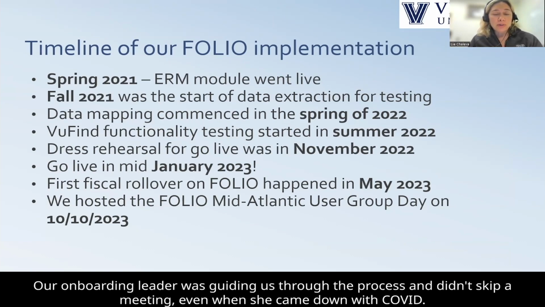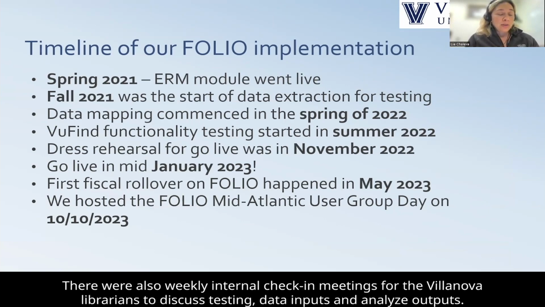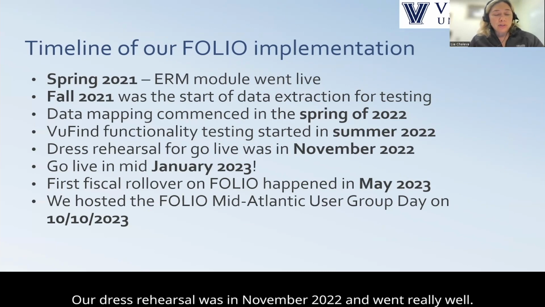Our onboarding leader was guiding us through the process and didn't skip a meeting, even when she came down with COVID. There were also weekly internal check-in meetings for the Villanova librarians to discuss testing, data inputs, and analyze outputs. Our dress rehearsal was in November 2022 and went really well.